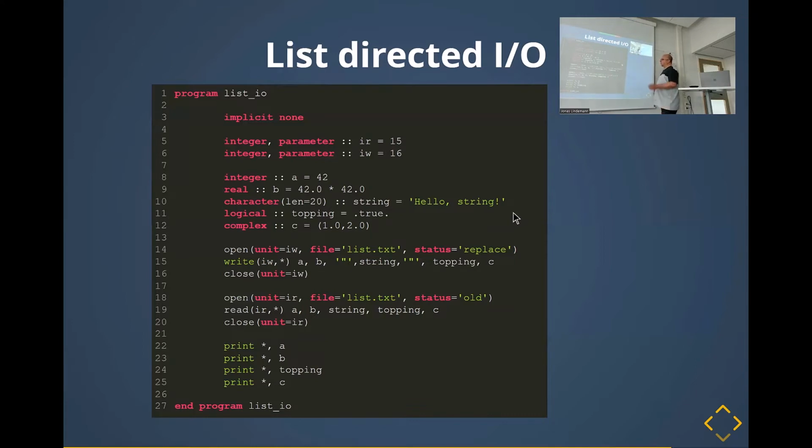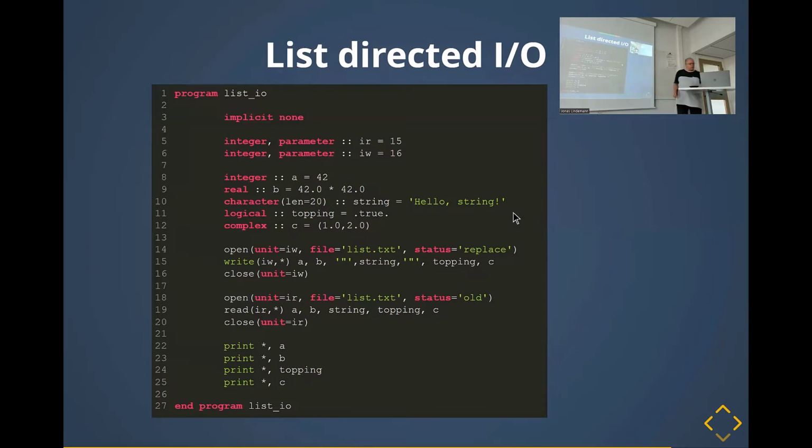So this is one way of telling Fortran that I want to overwrite any file on disk. So write to unit IV, that is the unit for the file. Then I just list my things here: A, comma B, comma string output here, comma C. And you can see here that I need to specify the apostrophes here on top of this to be able to read it back again. But in the file, there will be spaces between the variables. But then you read it back again, same way, read A, B, string, and C.